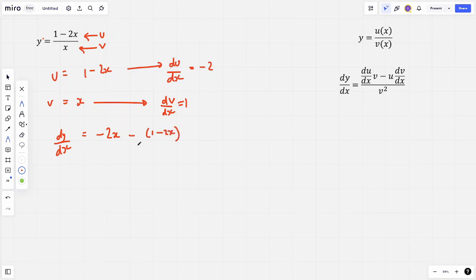Again, that's all going to have a negative sign, and divided by x squared. If we multiply the numerator across, we get minus 2x minus 1 plus 2x all over x squared. The 2x's will cancel out, so that's a minus and a plus. So then we have just negative 1 over x squared.